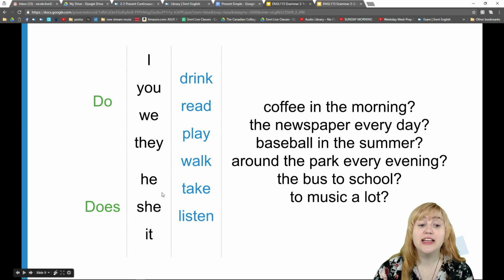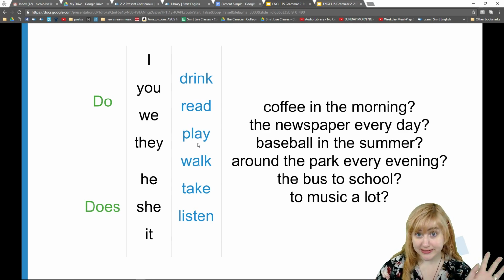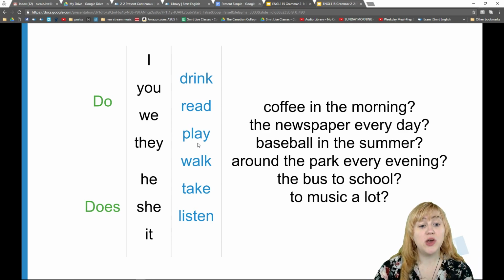This is the same for he, she, it. We also use the infinitive verb, but we begin the sentence with does. So does he drink? Does he read? Does he play? For example, no S. We don't say does she listens. No. Just does she listen? Okay?